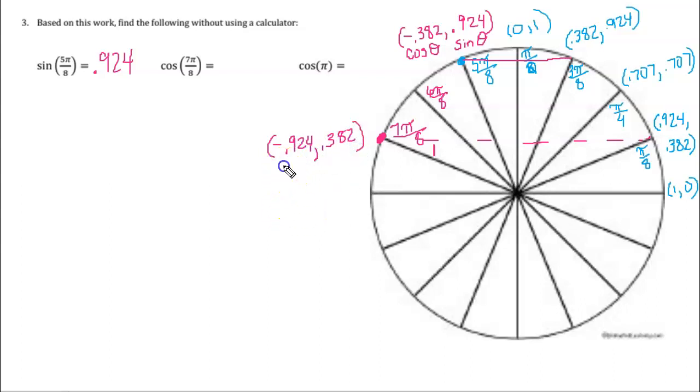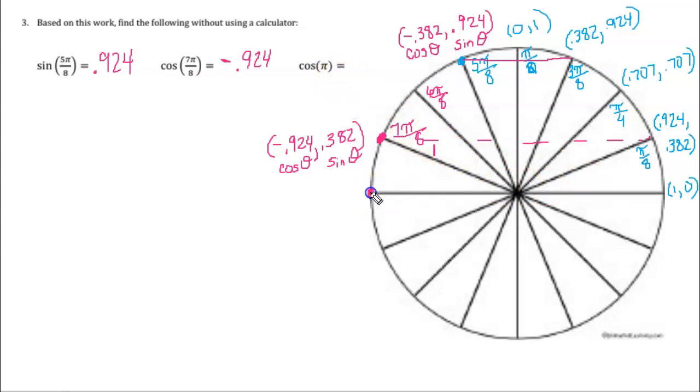And again, we know that our cosine would have to be the x value and our sine would have to be the y value. So it asks for the cosine of 7 pi over 8. That's going to be negative 0.924.